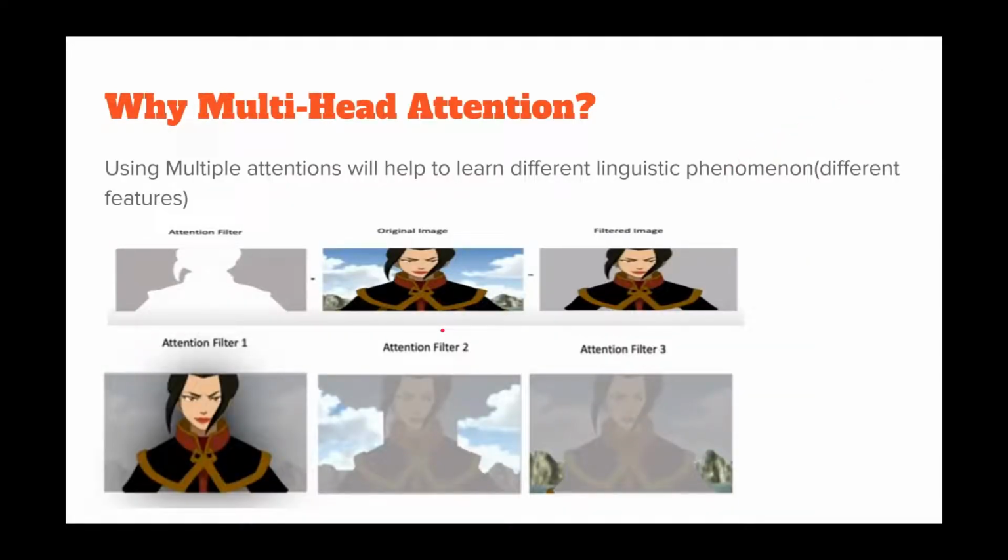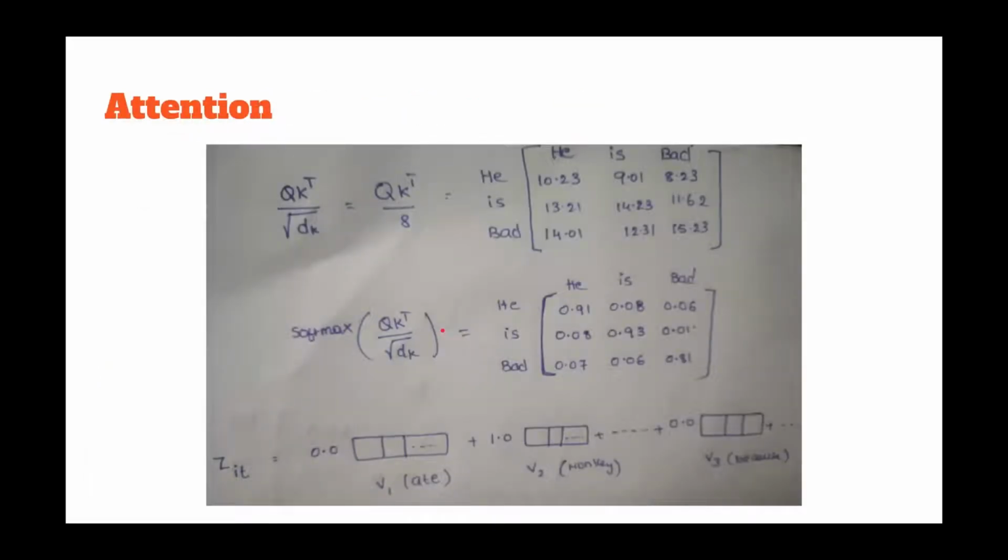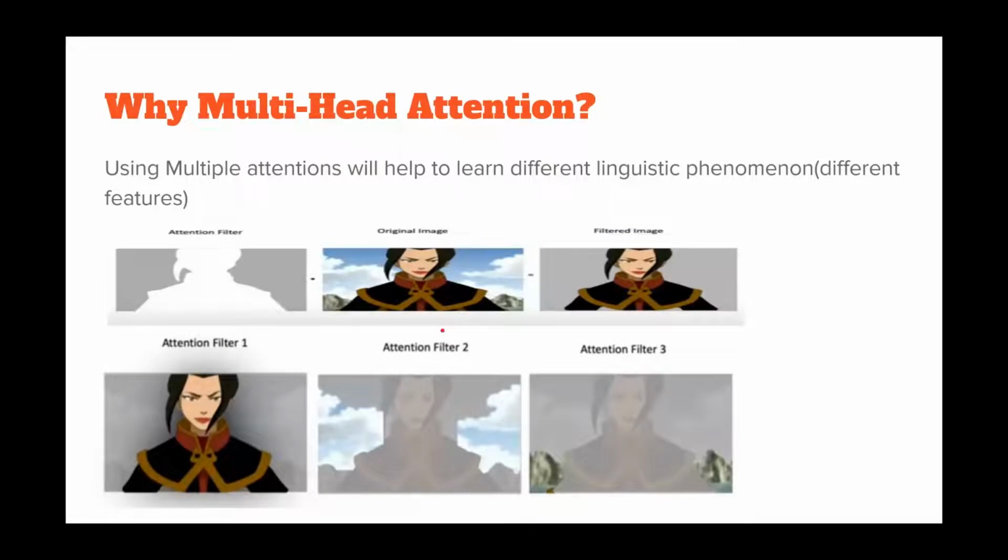Hi, in this lecture we will learn about multi-head attention. In the previous lectures we just went through one attention, but the author proposed to have multi-head attention. There are two reasons for this. If you are using multiple attentions, you can learn different features. Let's say this is the image, and if you apply multiple attention layers to it, every attention layer will try to learn some feature out of the image.